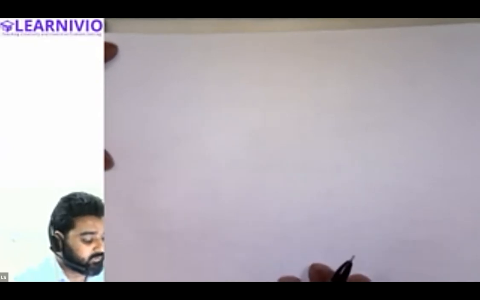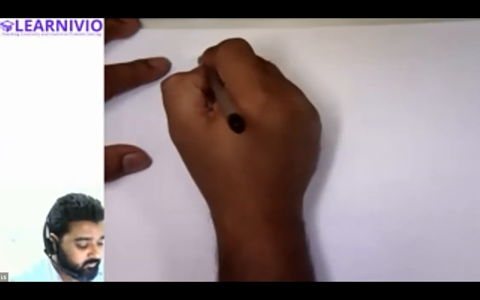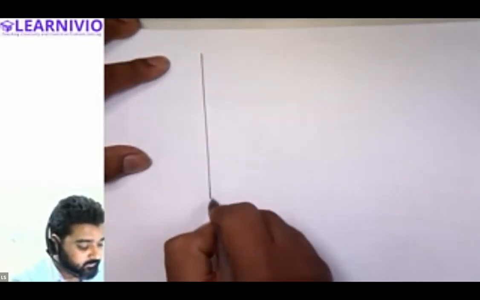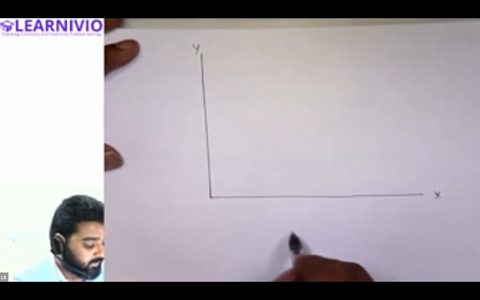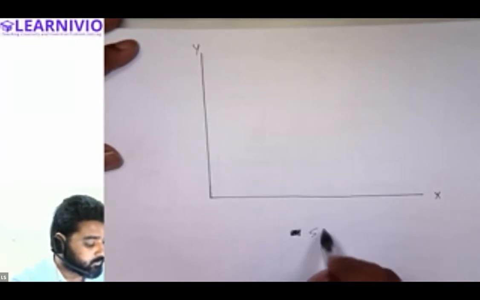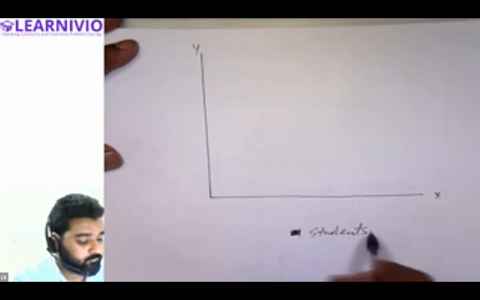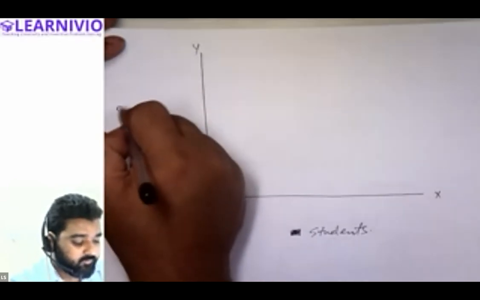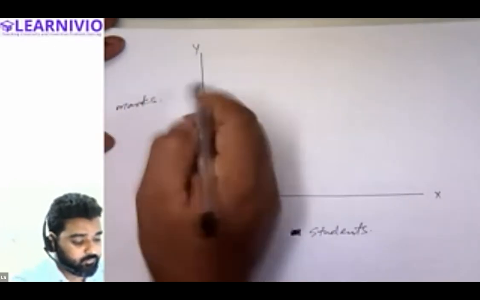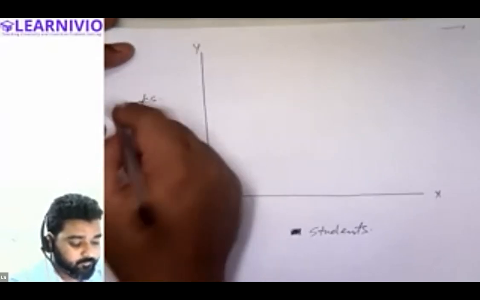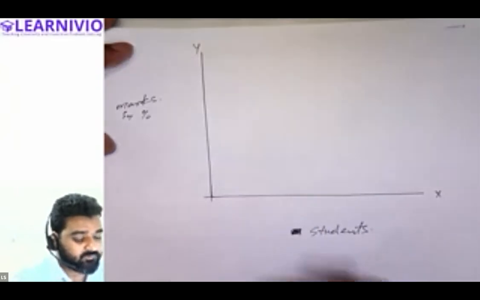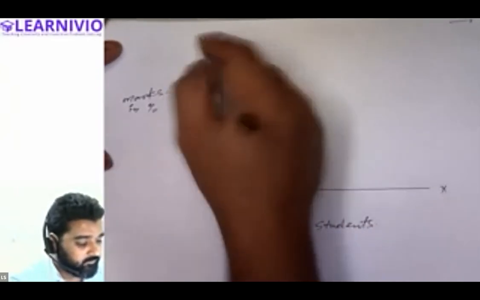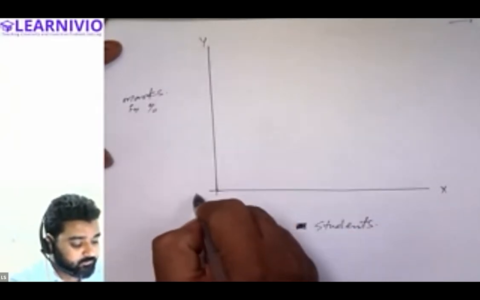So for presenting it in diagrammatic form, this time again we will be drawing two axes, y-axis and x-axis. On the x-axis we will be taking students, and on the y-axis we will be keeping marks, but in terms of percentage. So let's first of all give the proper scaling to the y-axis. This is 0%.